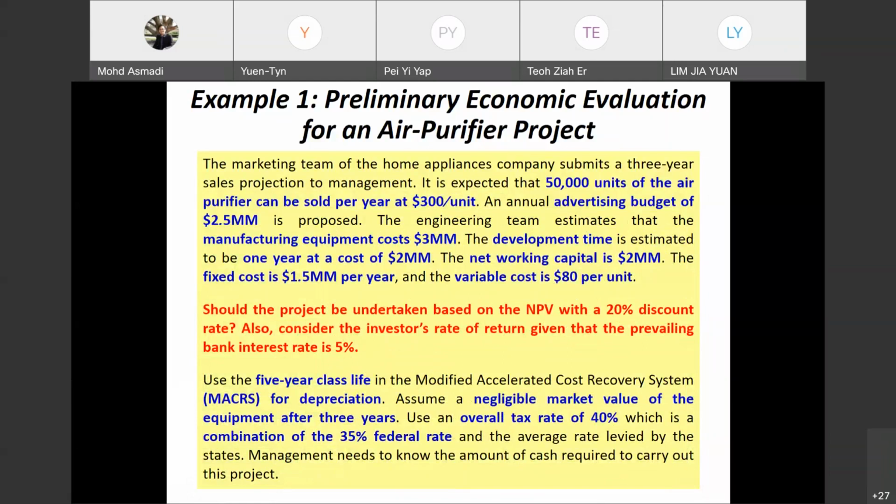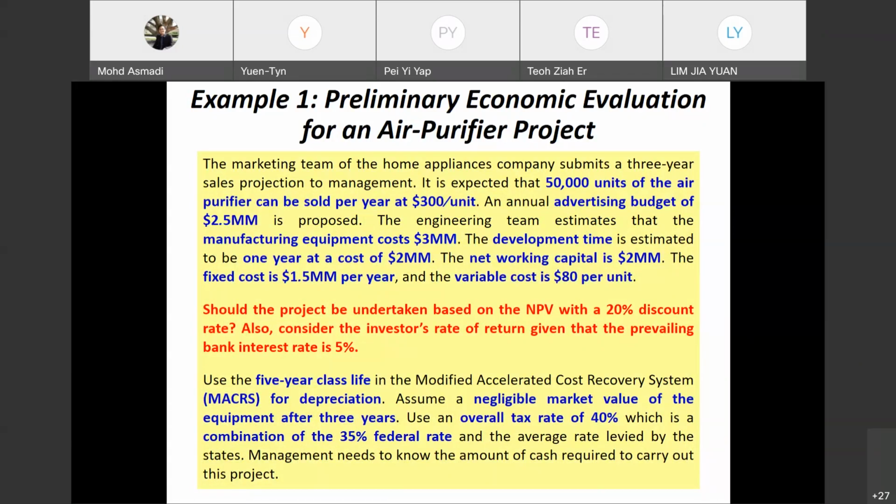If you look at here, I think in the previous class we already gave the lecture and some examples on how to solve these problems on the economic evaluation for air purifier products. So the number of units is the annual sales. If you look at here, that is 50,000 units, and the price is $300 per unit. Annual advertising budget is 2.4 million.